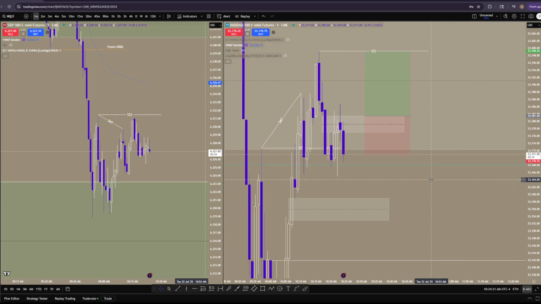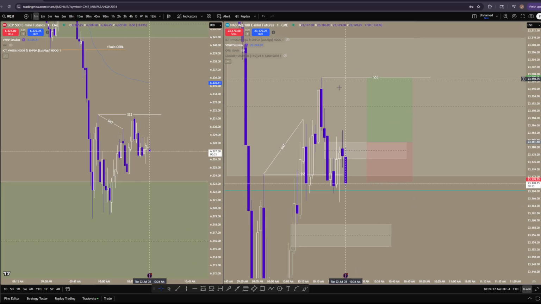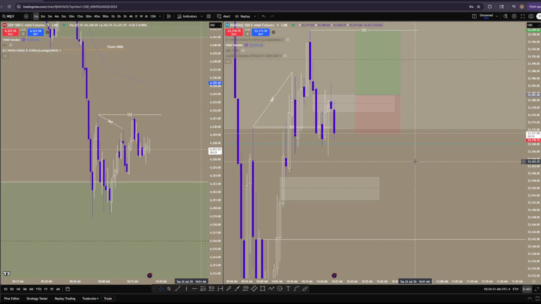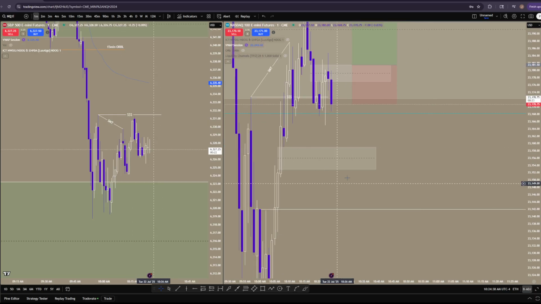The only way I would take this long is if we inverse this 1 minute fair value gap right here, and I would just be looking to scalp it. If we don't inverse that level, I don't take anything. And I wait and see if we're going to come down and inverse the fair value gap down here for shorts.